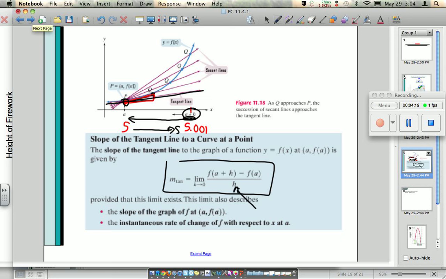So that's the description, and this is the formula you want to write down. This is how you find the slope of a tangent line. It's also how you find the instantaneous velocity at a certain point A, at this particular exact point, A comma f of A. When we want to know what happens at that point, we're going to use this formula to find the instantaneous rate of change of that function at A.